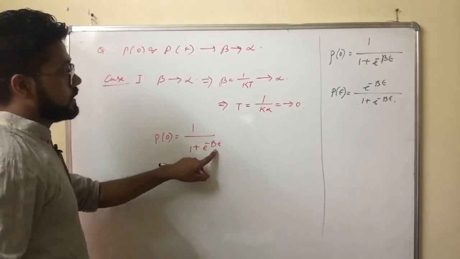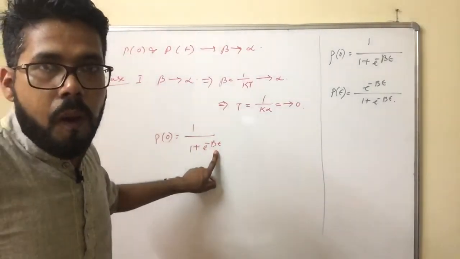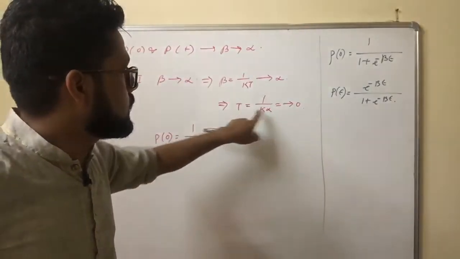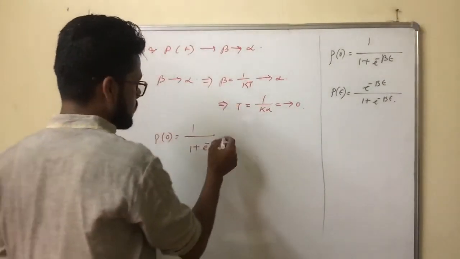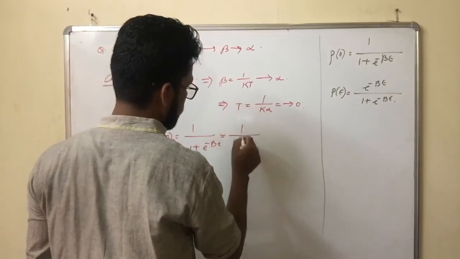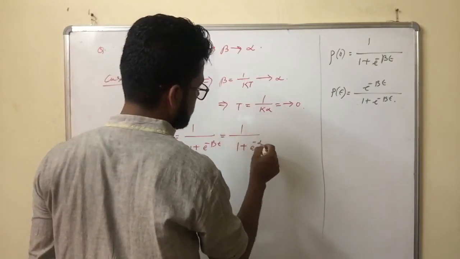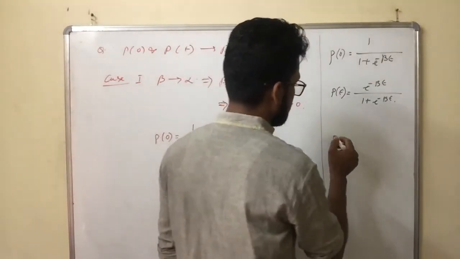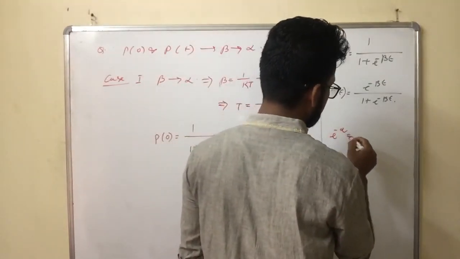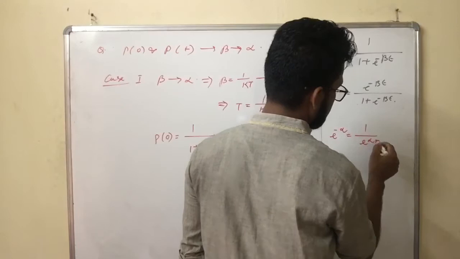When beta tends to infinity, it means T tends to 0. The temperature of the system becomes 0. Beta tends to infinity means 1 plus e to the power minus infinity. How much is e to the power minus infinity? Do not confuse. E to the power minus infinity means 1 by e to the power infinity.